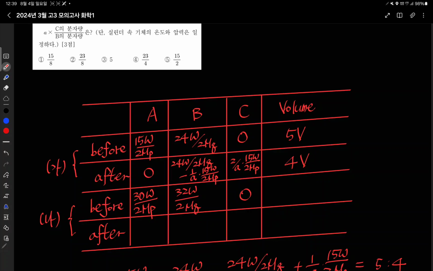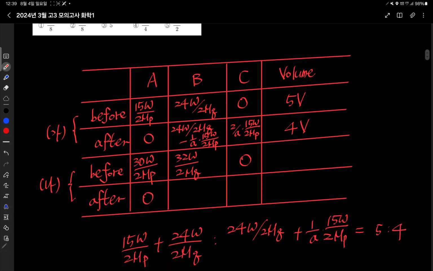And after the reaction in the second experiment, A is all used up, and for the amount of B left over we need to subtract 1 over A times the amount of A used in the reaction.